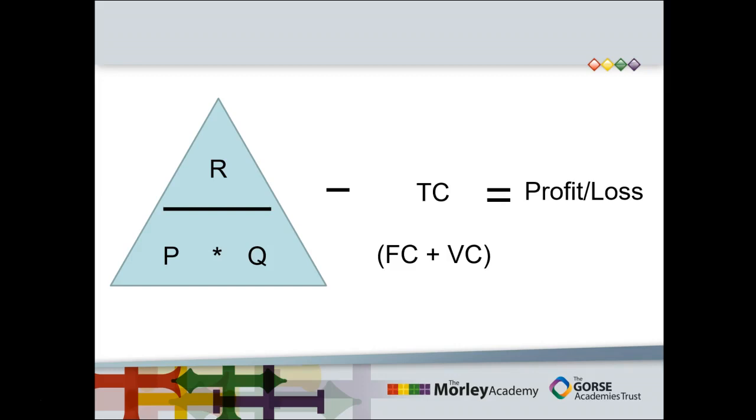Alternatively, we could change the quantity. Now, quantity is much more difficult to change than the price. Quantity is how many you sell. You don't have direct control over that in the same way as you do with price. With quantity, you have to influence it. So you can influence the number sold by having happier staff, better customer service, better motivated staff.